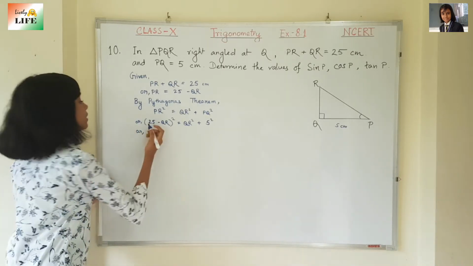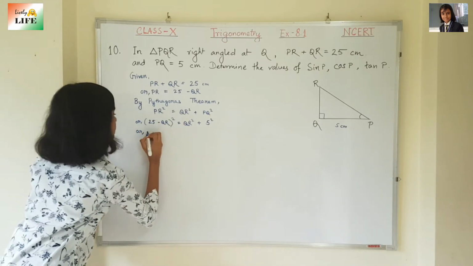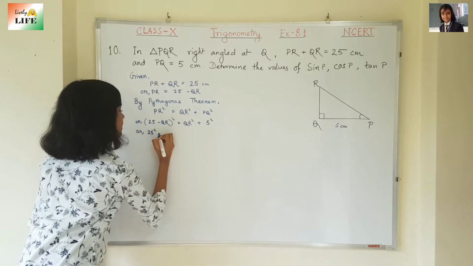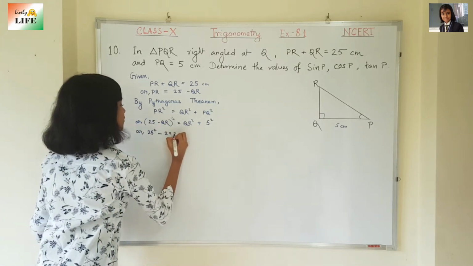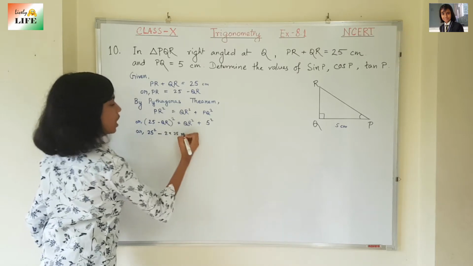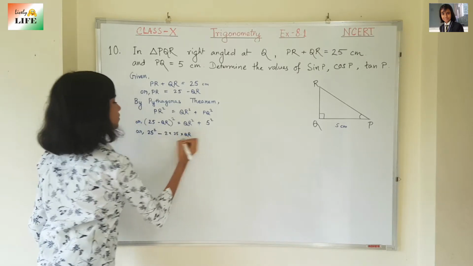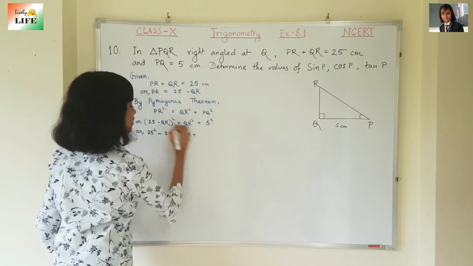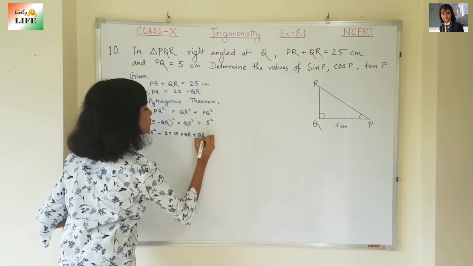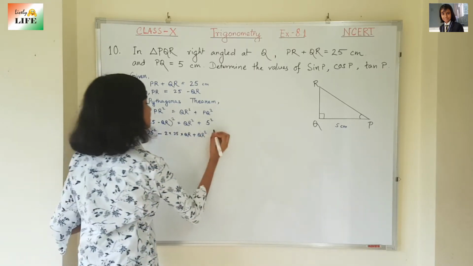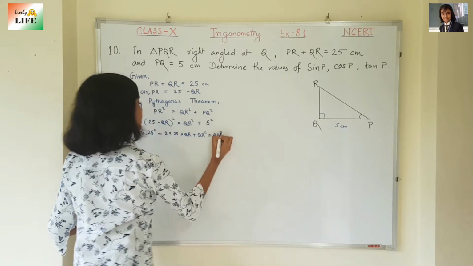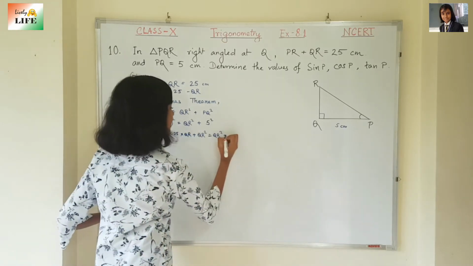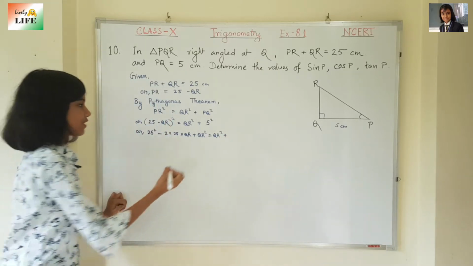A square, A square means 25 square, minus 2AB, 2 into 25 into QR, plus QR square, equal to QR square plus 5 square. 5 square is 25.